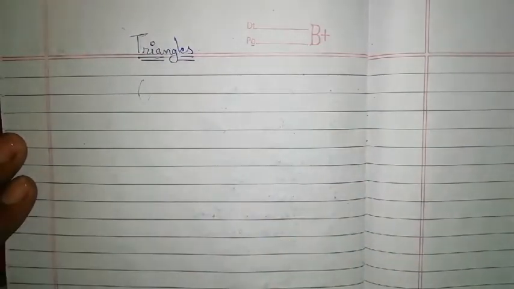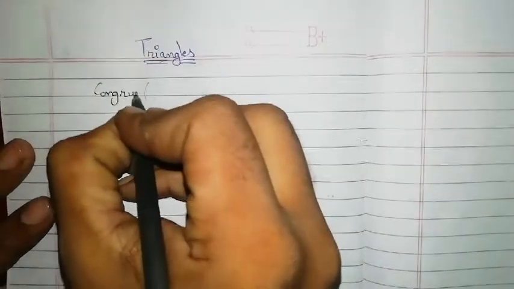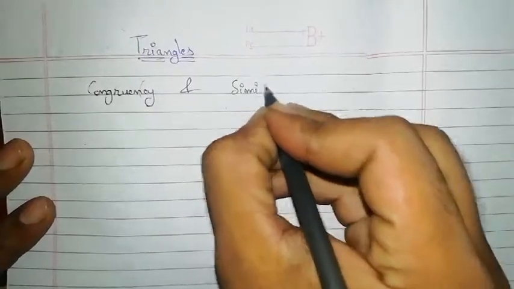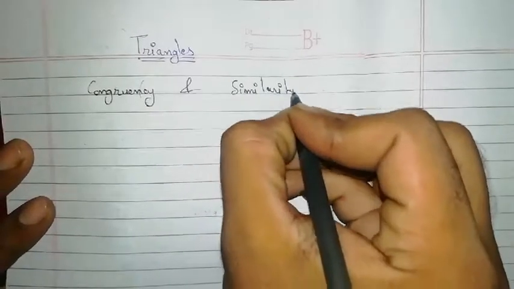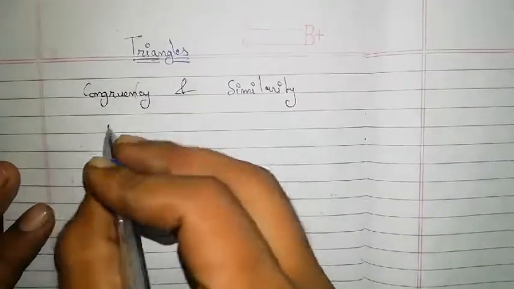Okay. So the main important difference between this chapter and the triangles chapter you have learnt in your previous classes is about congruency and similarity. So what does the term congruency mean?